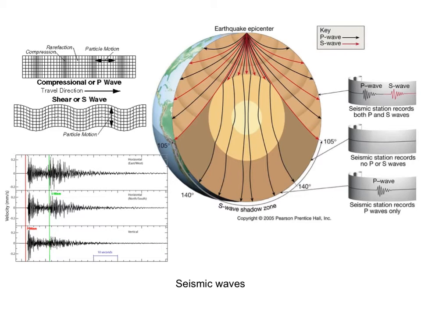So if you look at the seismograph readings of an earthquake, you'll notice that, for example, here we're talking about an earthquake happening in one location and being monitored in another location.